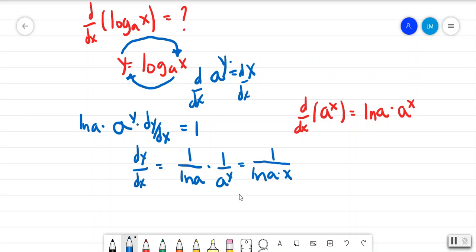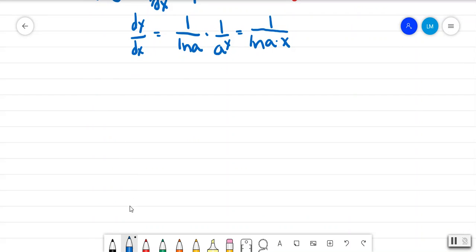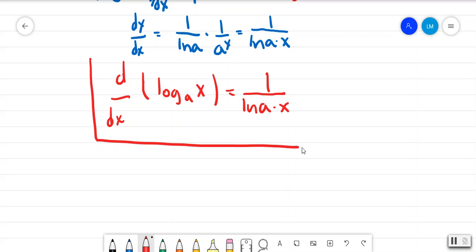Basically, the derivative of any logarithmic function log base a of x is equal to 1 divided by the natural log of a multiplied by x. Of course, that would be the same for chain rule.